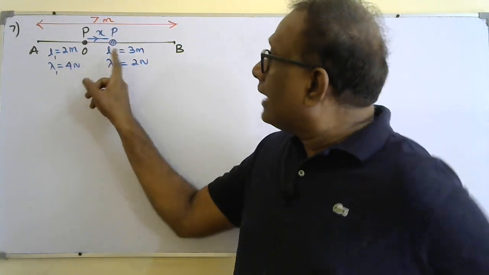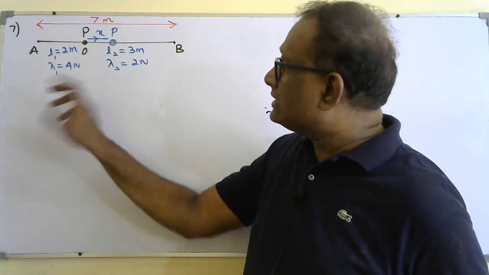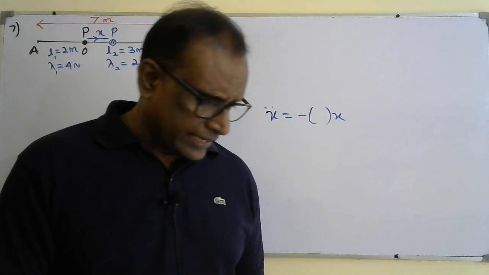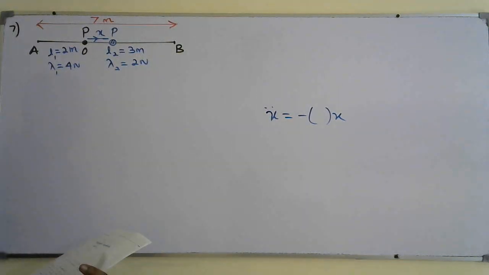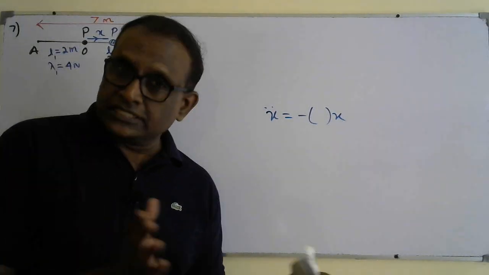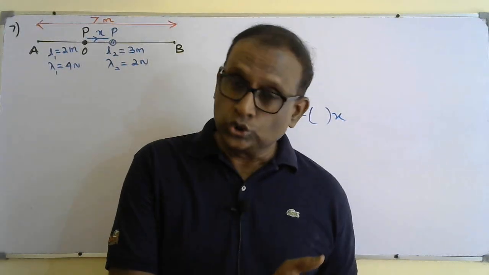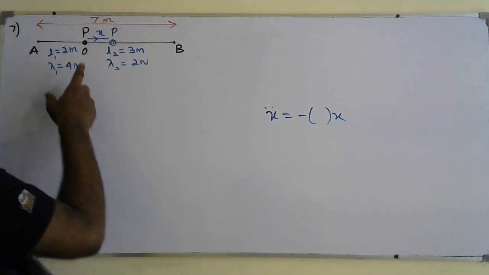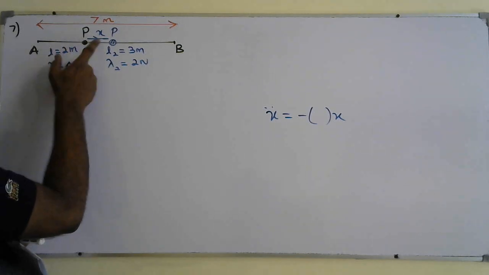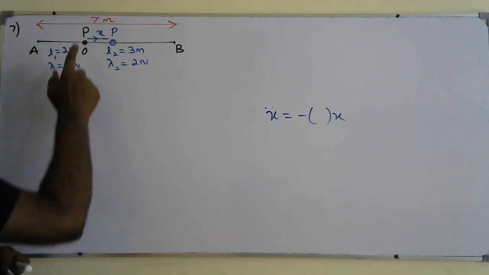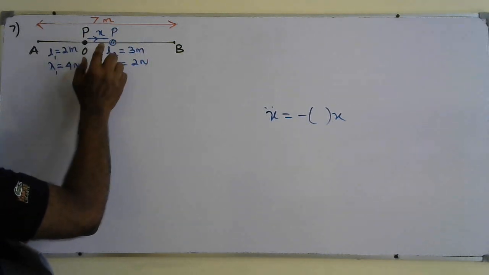Already it has an extension, we found it, 0.5 meters, x1. In the first part we got x1 plus x2 equal 2, so we can find the extension of the second also. We know the extension of the left string will increase by x, but the extension of the right string will decrease by x because it's moving towards right.